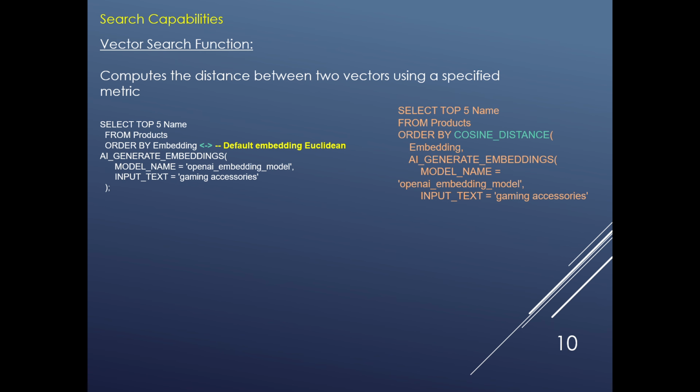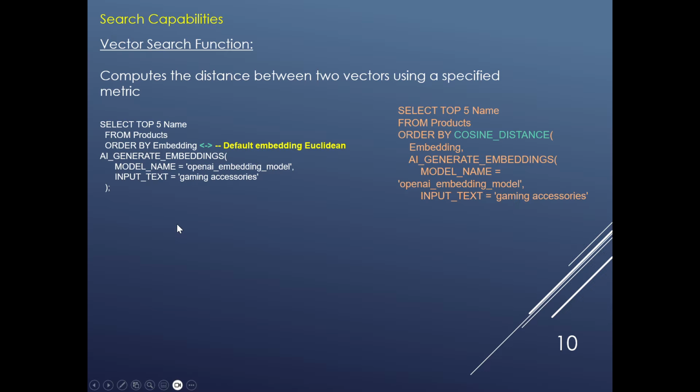There are multiple types of metrics: Euclidean, cosine, dot product. You can check this on the internet. For example, cosine distance basically measures the angle between two vectors. And Euclidean is the straight-line distance between 2 points in a dimensional space, based on geometrical closeness.